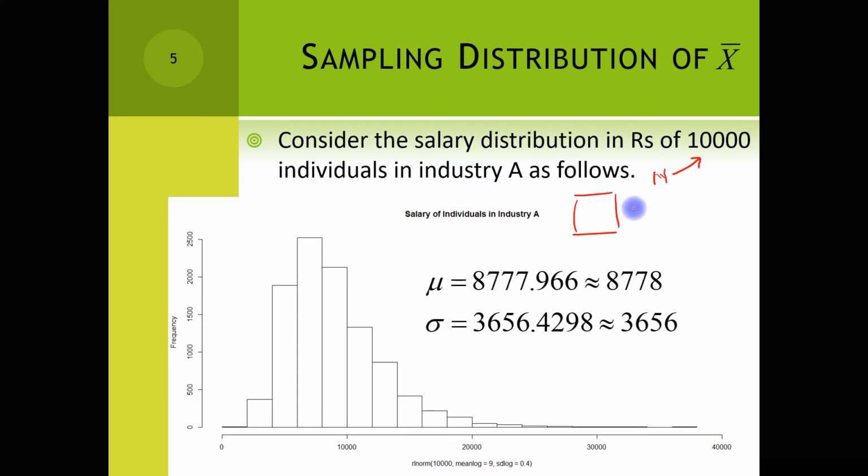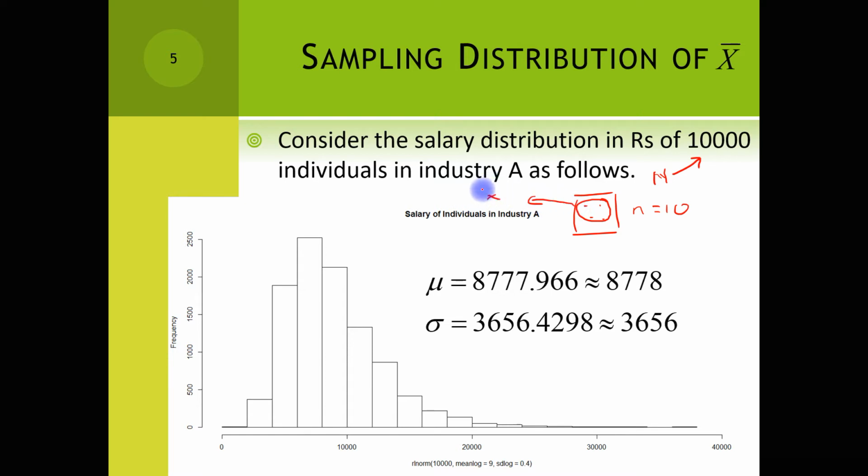We are going to take a sample of a certain size. Let's suppose I'm going to take a sample of size 10. So I'm going to choose 10 people randomly. Remember that the selection is random. Without a random sample, all what we are doing is vain. We have to assume that the sample is random.